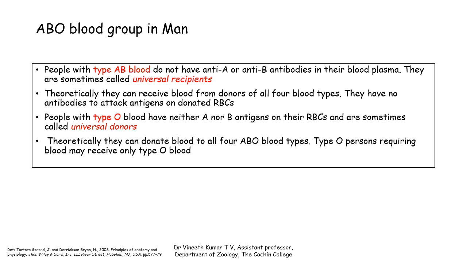So theoretically they can donate blood to all four ABO types, and type O persons who require blood can receive only from type O. Hence type O can theoretically be called universal donors, and AB blood group individuals can theoretically be called universal recipients.